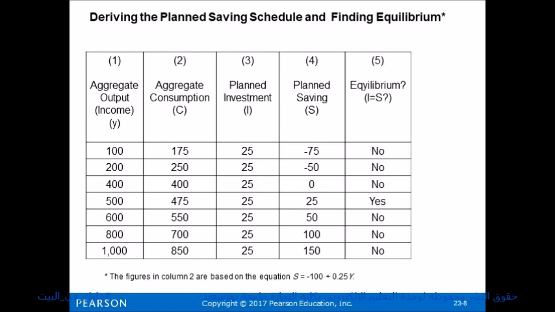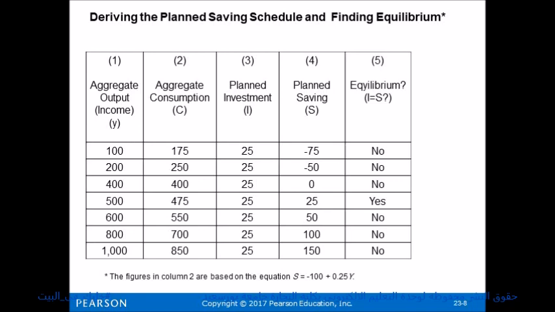So for example, we can calculate each value in column 4 by subtracting the value C, or consumption, from the corresponding value of income. So for example, at an income level of 100, we can obtain the value of planned saving, which is minus 75, by subtracting the value of consumption, which is 175, from the value of income, which is 100.